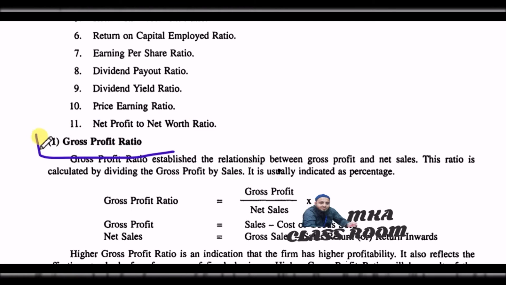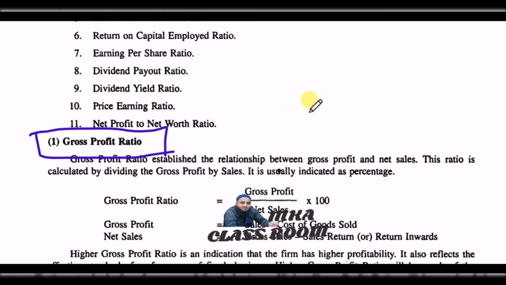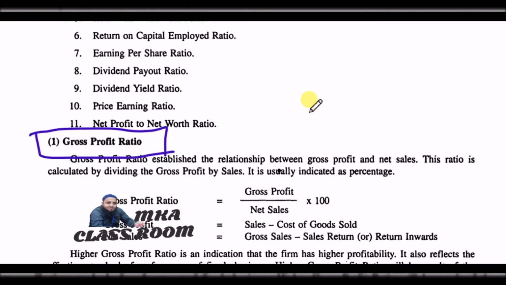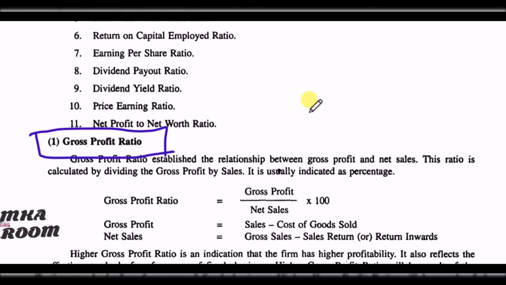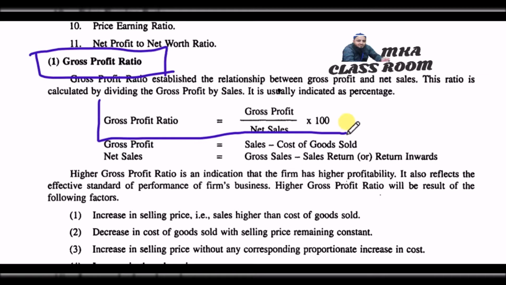First of all we will discuss the gross profit ratio. Gross profit ratio establishes the relationship between gross profit and net sales. This ratio is calculated by dividing the gross profit by sales. Here is the formula for gross profit ratio: gross profit divided by net sales into 100.